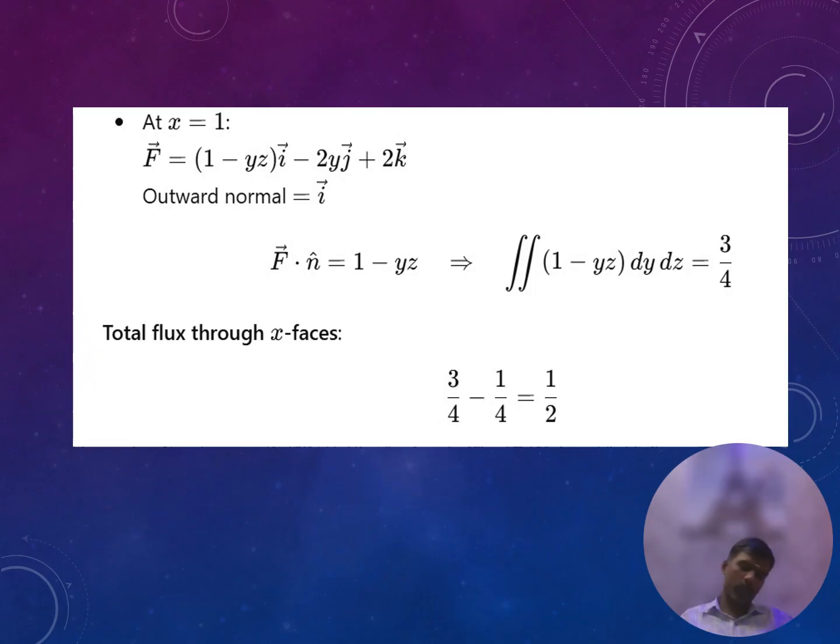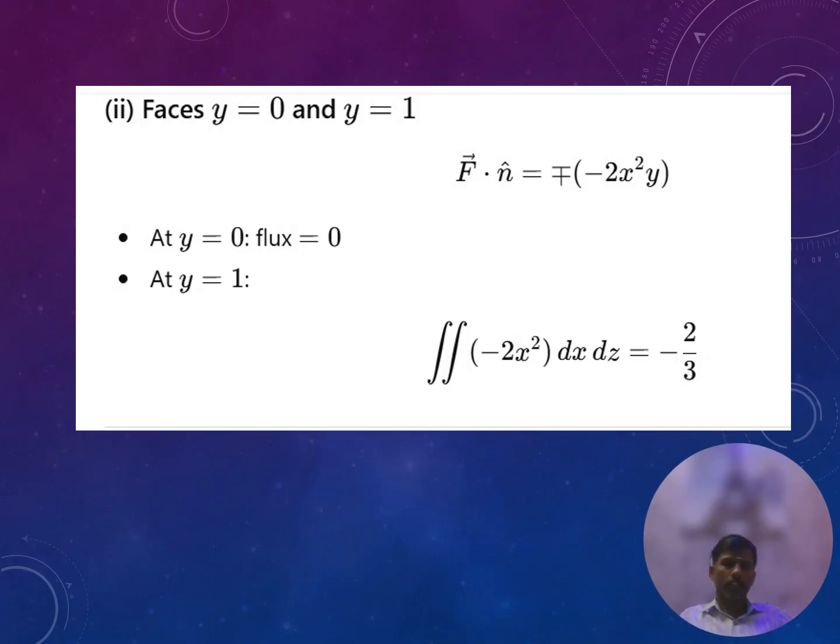This is one step. Now case 2, y equal to 0 and y equal to 1. Now F dot n cap is equal to minus 2x square y. We substitute y equal to 0 and y equal to 1.